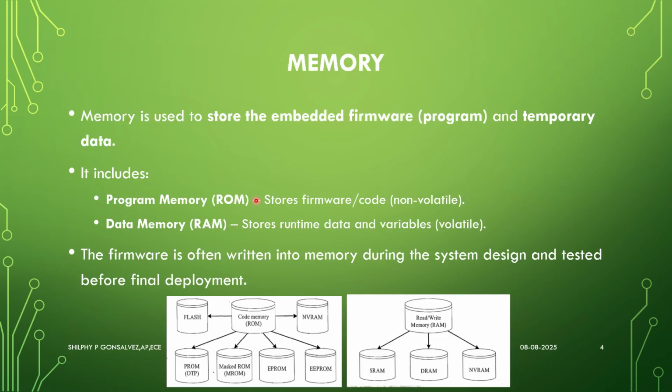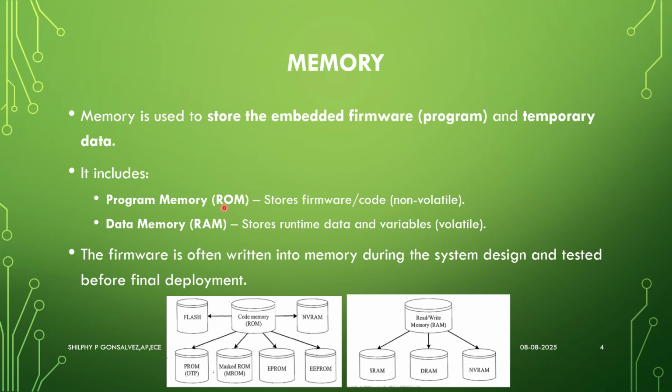Coming to the memory part, memory is used to store embedded firmware, programs, and temporary data. It includes two types of memory. The first one is the program memory, ROM, where the embedded firmware or the embedded program is stored. The second one is the data memory, which is RAM, which stores the runtime data and the variables.